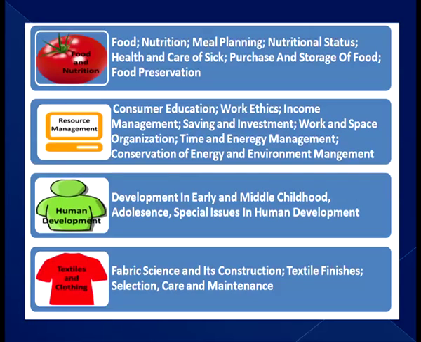Another major component of home science is textile and clothing, where we are studying fabric science. When we are talking about fabric science, we are identifying the basic nature of the fiber through which a fabric is constructed, and then it is converted into a garment.